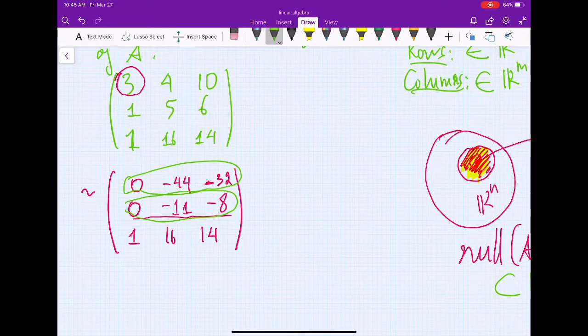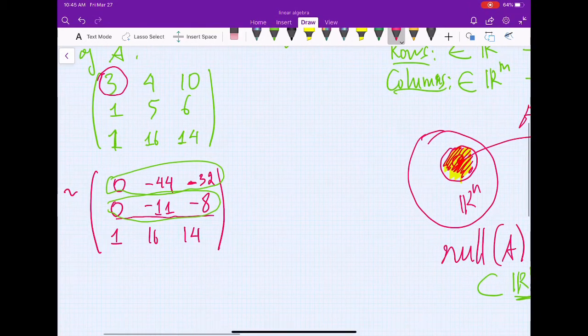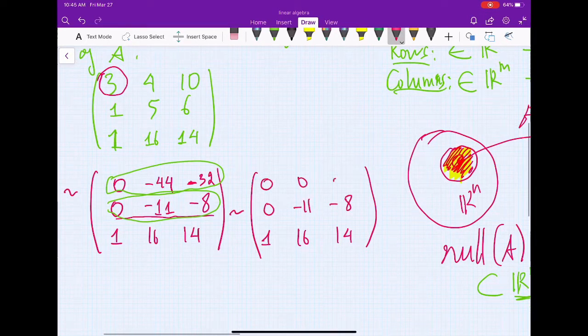You multiply the second row by -4 and add to the first, and you get the following: 0, -11, -8, 0, 0, 0. So you can see some row echelon form, not in a standard way, but anyway, you have that.